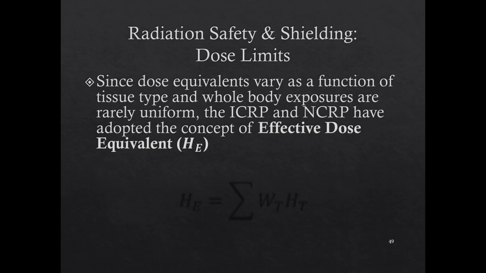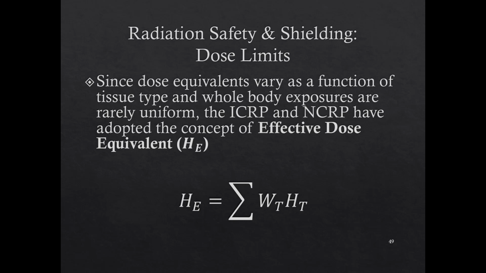These are going to be much more biologically damaging. Since we know that dose equivalents vary as a function of tissue type and whole body exposures are rarely uniform, we need some kind of way to quantify an effective whole body dose essentially. So the effective dose equivalent is going to do a summation of each of these dose equivalents for the tissue at hand, multiplied by this weighting factor.